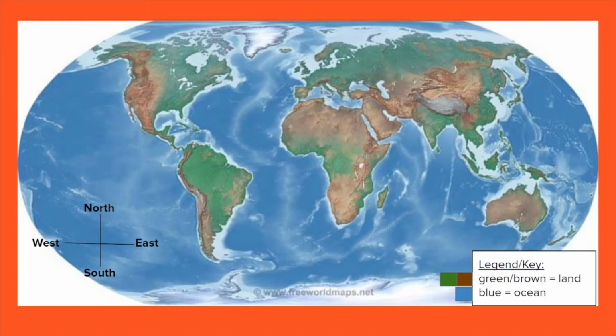Podemos ver las direcciones en la izquierda, north, south, east, west. Podemos ver el llave en la derecha, the legend or key. Green or brown is land, and the blue is ocean. Verde or café es la tierra, y azul es océano.